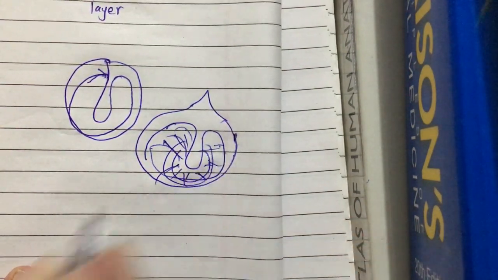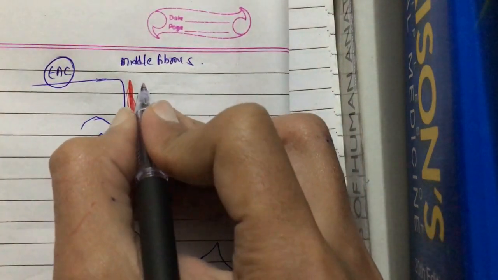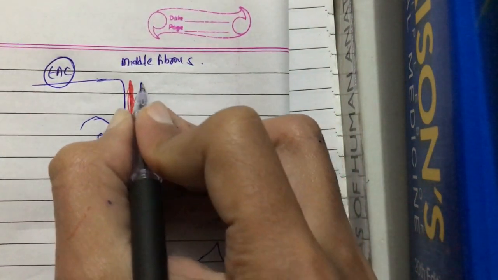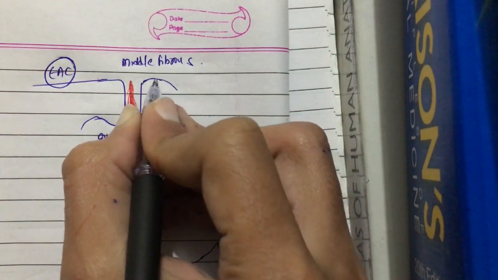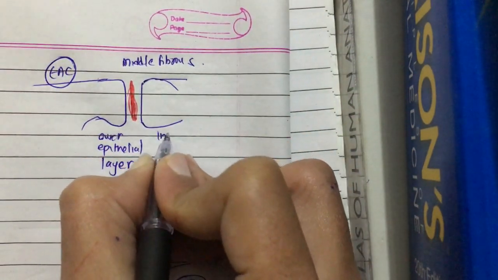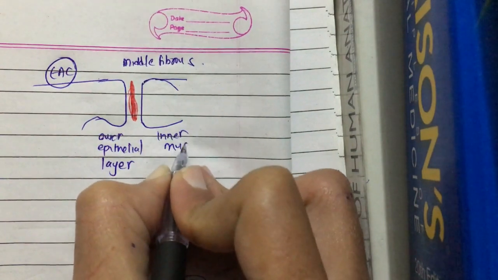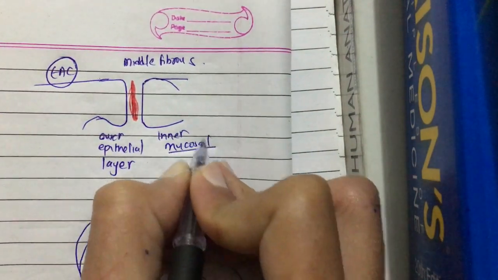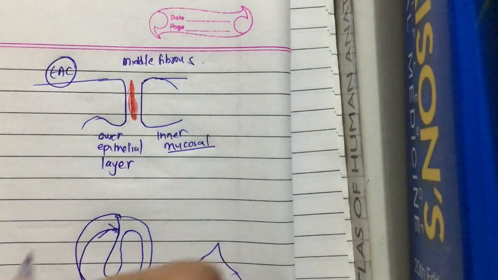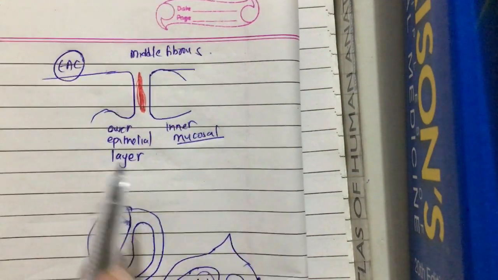And the inner layer is the mucosal layer, which is a continuation of the mucosa of the middle ear cavity. So there are 3 layers.